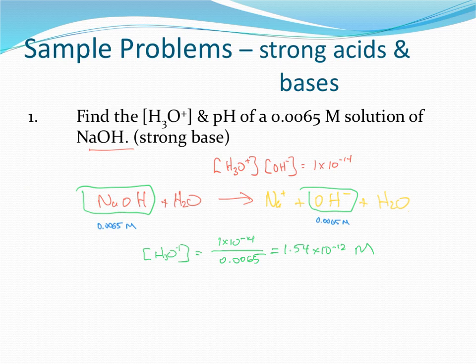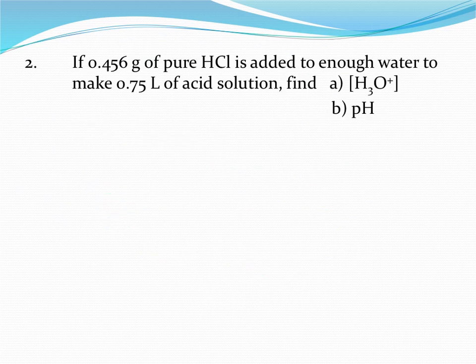Since we know that the pH is equal to the negative base 10 logarithm of 1.54 times 10 to the negative 12, we're going to go ahead and figure that out, and we're going to get a pH of 11.81. Okay, let's do a couple more examples.